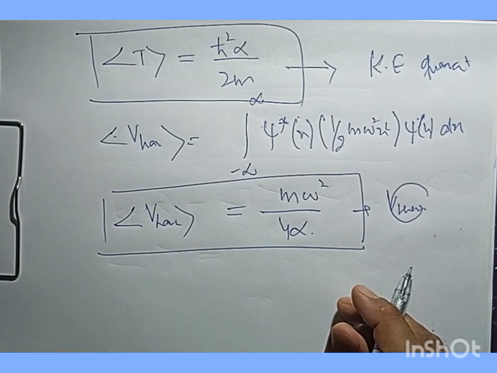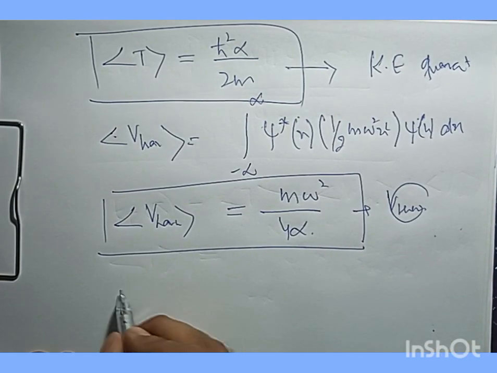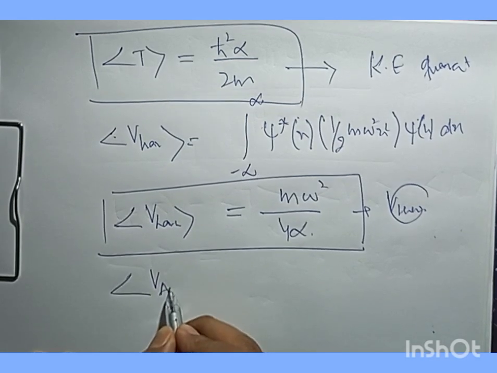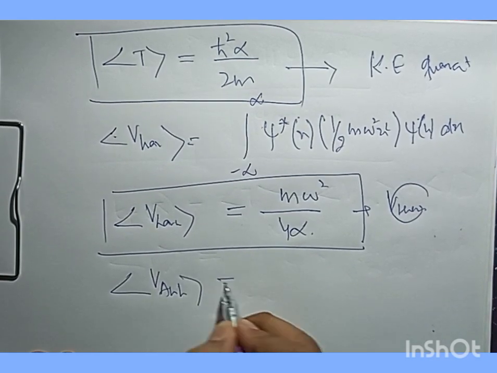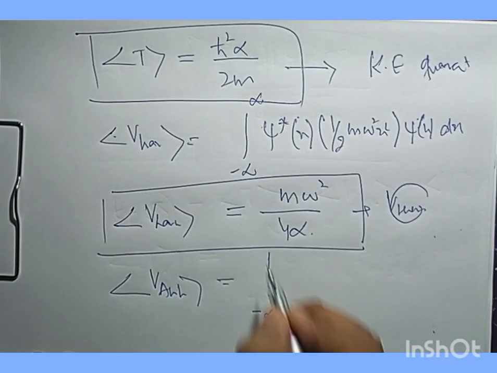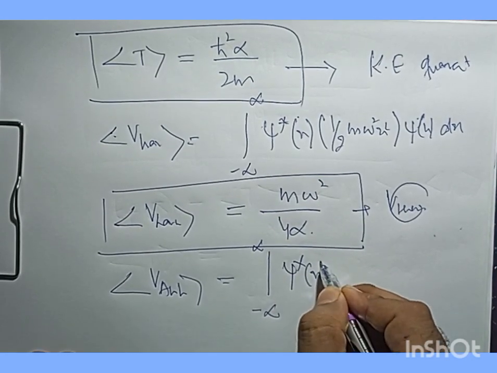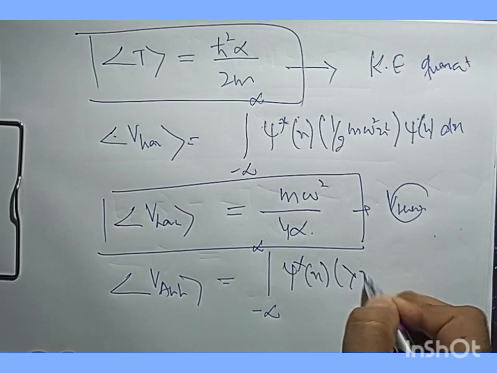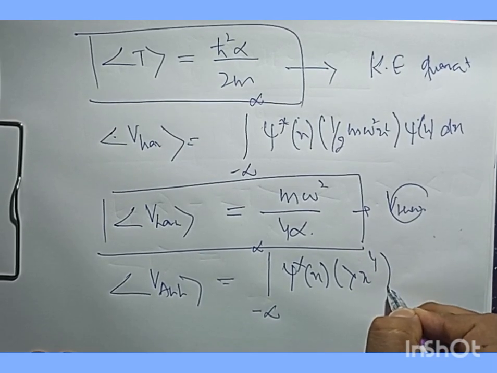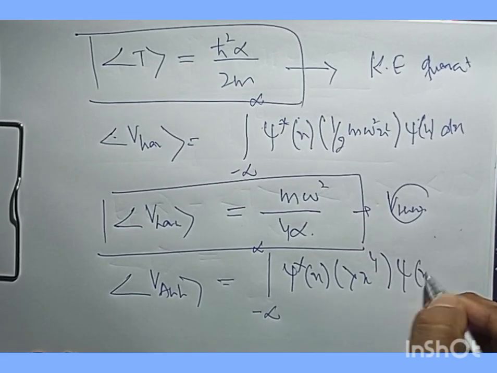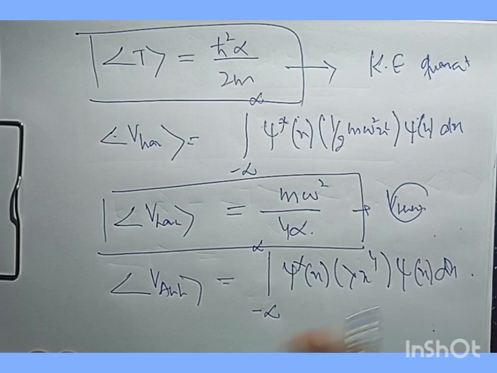And then the next thing is the anharmonic potential. So for V anharmonic, we do the same thing: minus infinity to infinity, psi star of x, then lambda x to the power of 4, and then psi of x dx.